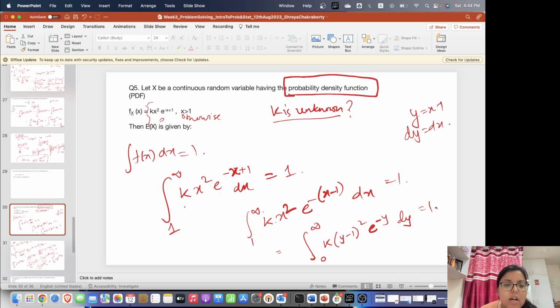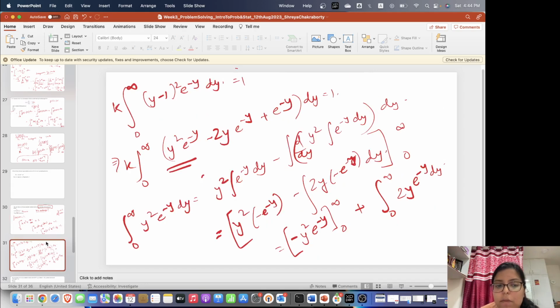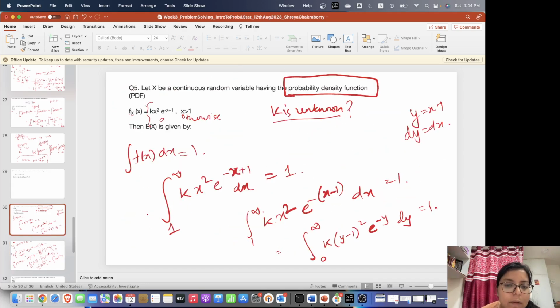I thought that because the limits are 1 to infinity, if I substitute minus 1, it will become easier for me. You can of course go ahead here. So you go from here and I'm going this way, and we'll see if we land up at the same point.